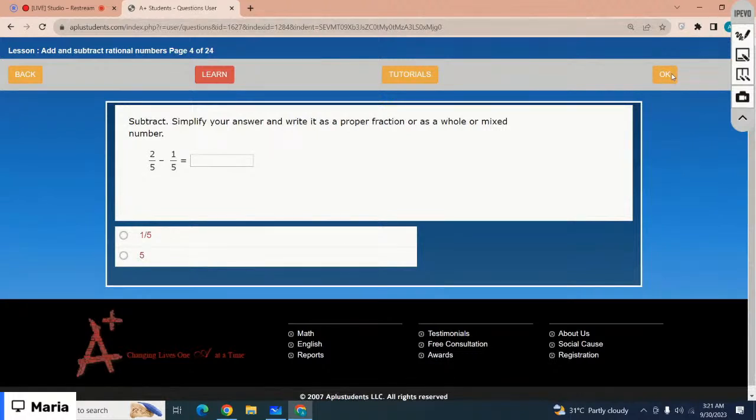Okay, the next one is 2 over 5 minus 1 over 5. So, which is the correct option? The correct option is, yes, it is 1 over 5. The correct option is 1 over 5.